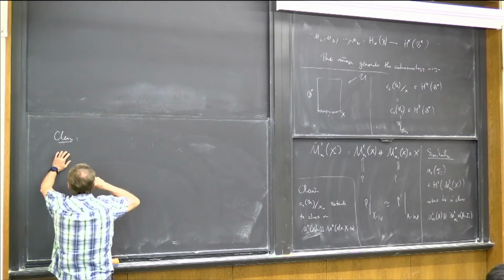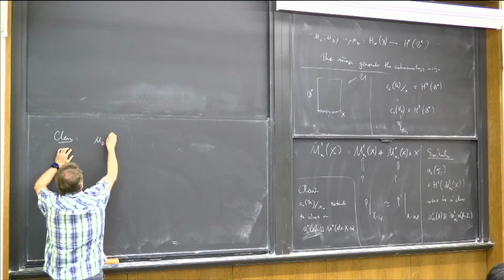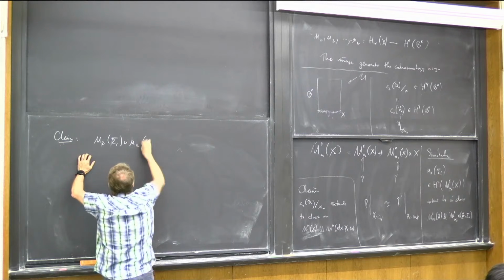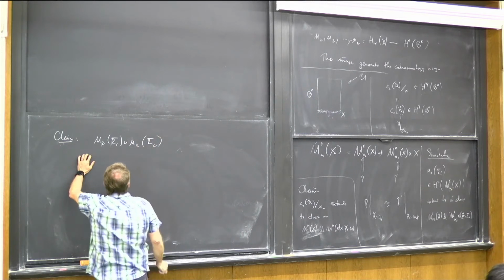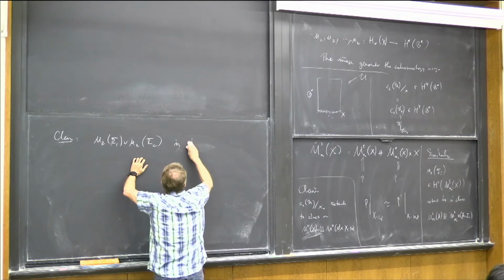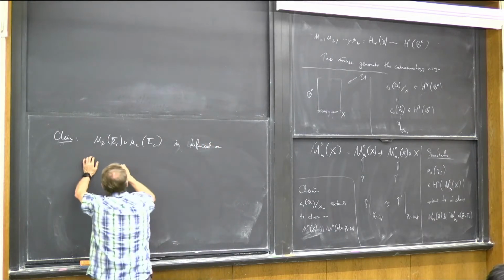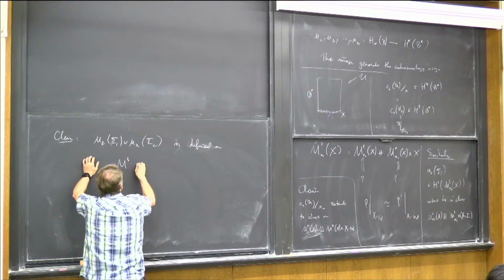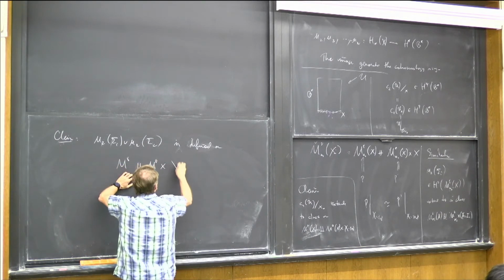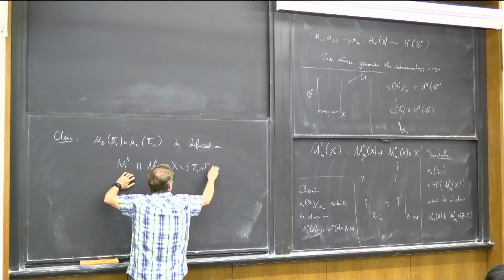The claim is that, say, if I take mu2 of sigma 1 cup mu2 of sigma 2, this is going to be defined on this 8-dimensional moduli space union the 0-dimensional moduli space times X minus the intersection of these guys.